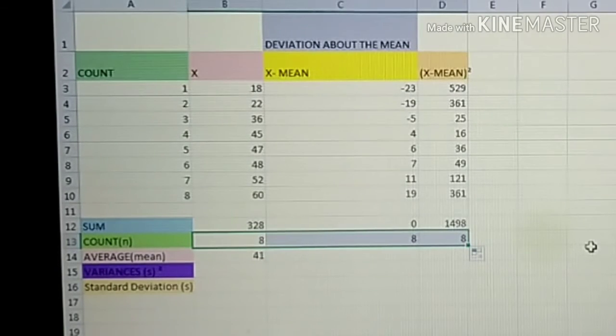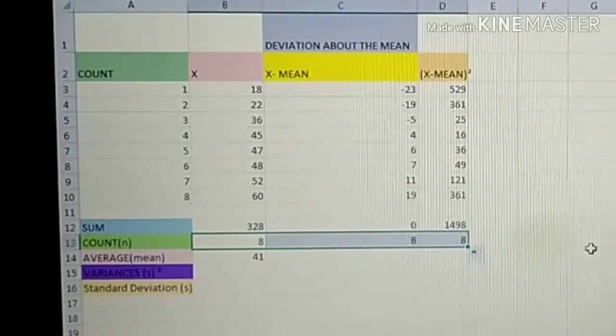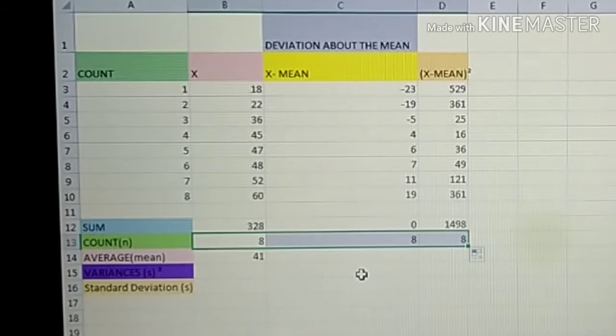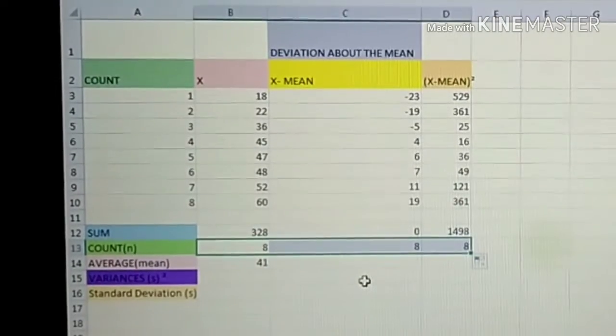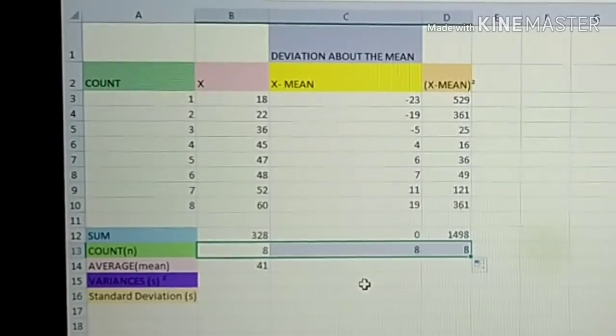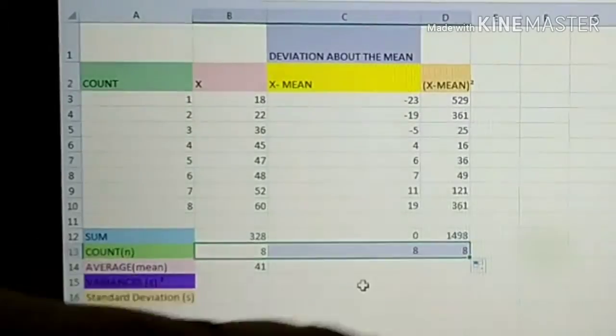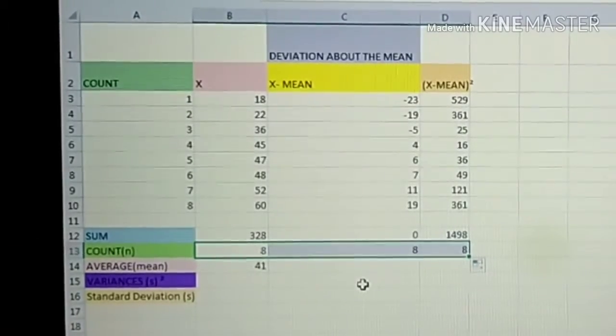Then, ang kukunin na natin ngayon is yung variance. Paano natin makukuha yung variance? Kailangan natin makuha yung summation ng x minus mean squared, which is yung 1498.